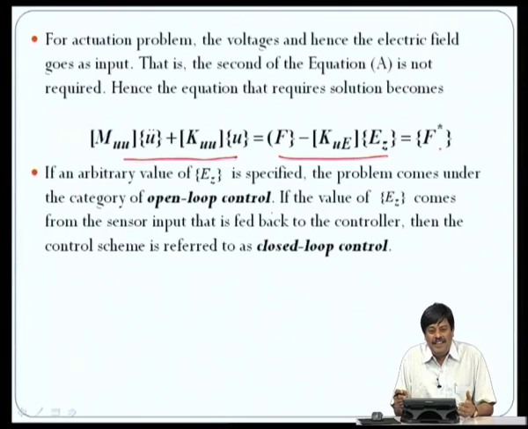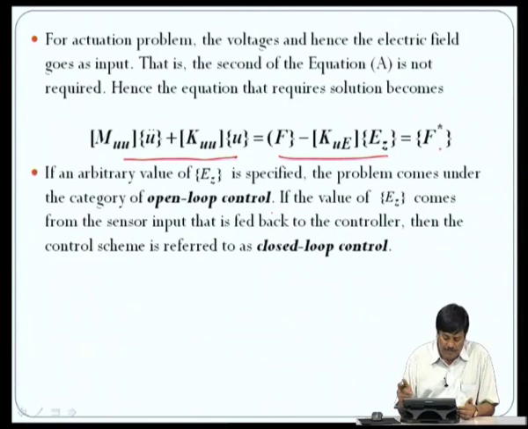But in the second approach, we do not use any such assumptions. We take it as it is, then we simplify the equation, and then we can construct the plant matrix or the output matrix, which are used for control, especially for closed loop control, from the finite element formulation.